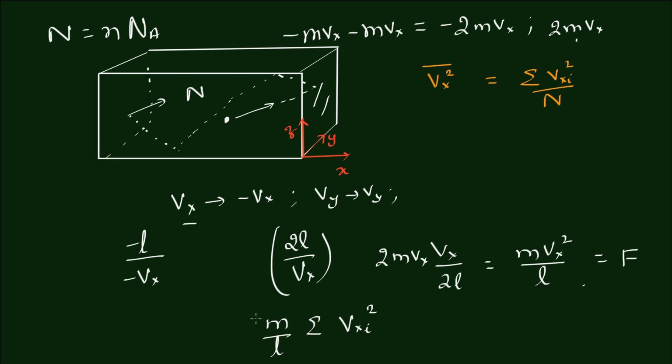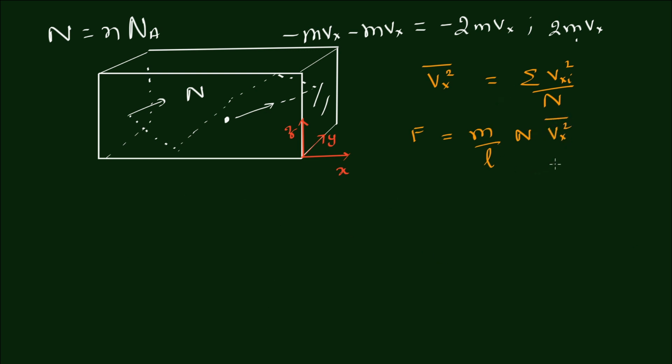So if I take this expression and substitute it there, I get the force exerted on the right side wall is going to be m by L times n times Vx squared average. Now there is nothing special about the x direction. On average, for all these molecules, the average Vx squared is going to be the same as the average Vy squared, is going to be the same as the average Vz squared, because there's nothing special about the x direction.